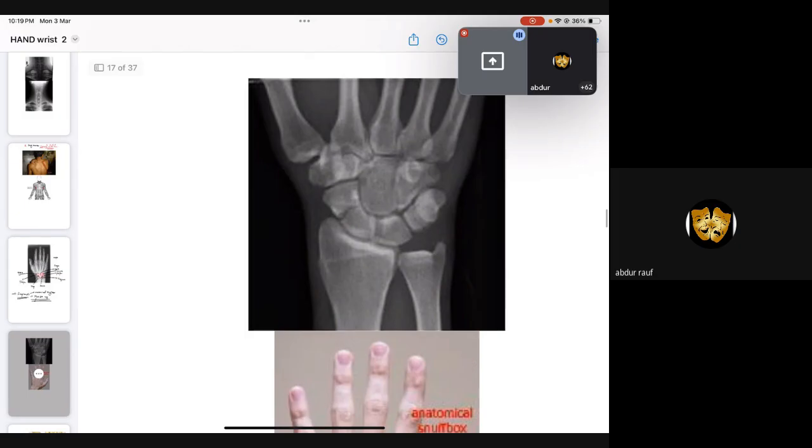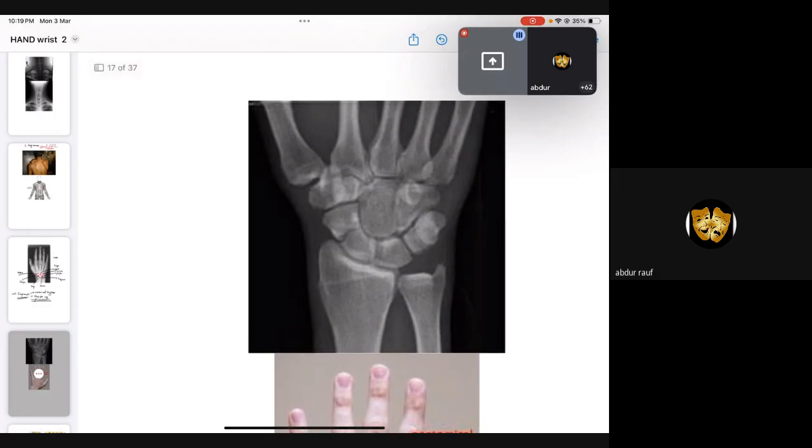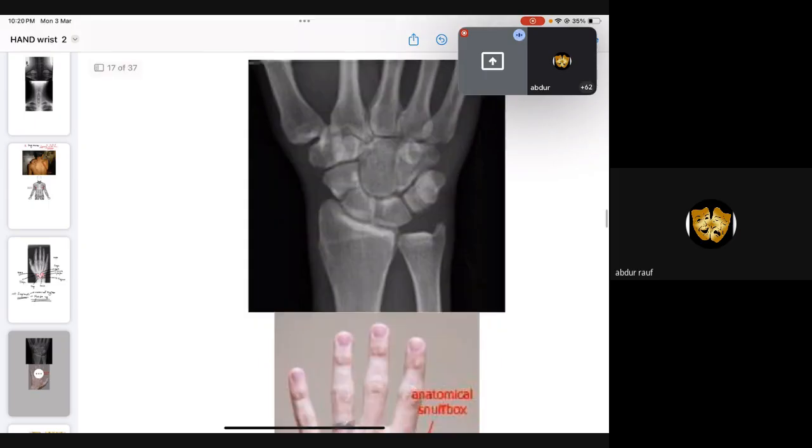So if we have any fracture and the radial artery is compromised, it can lead to avascular necrosis, because bone needs a lot of nutrients, and if the nutrients aren't supplied, it can undergo necrosis. Loss of blood supply. Here you can see the fracture at the waist of the bone. Then we have lunate dislocation.